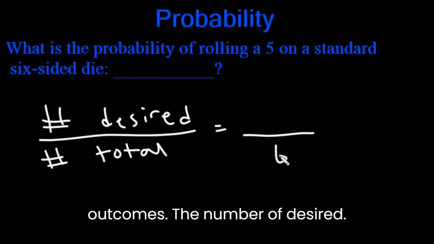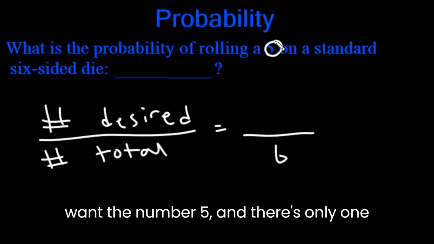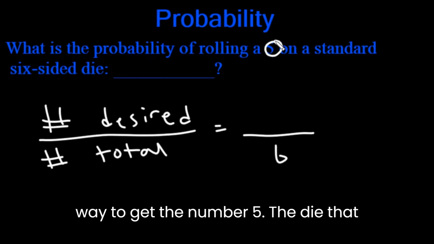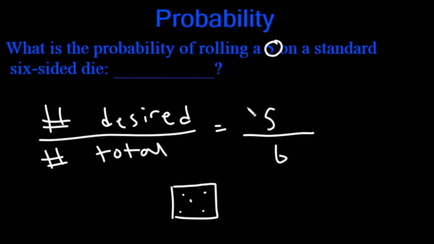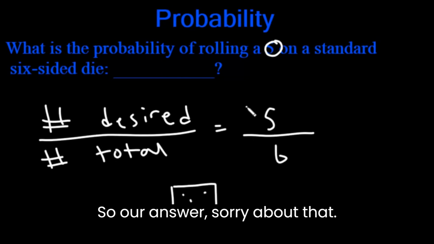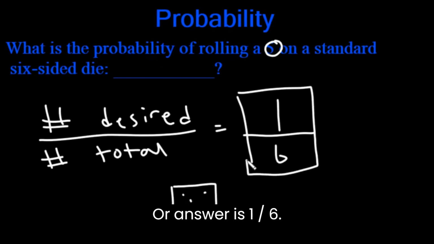The number desired, just like the last problem, we want the number 5, and there's only one way to get the number 5. The die that we roll must have 5 dots on it. So our answer, sorry about that, it should be a 1. So our answer is 1 over 6.